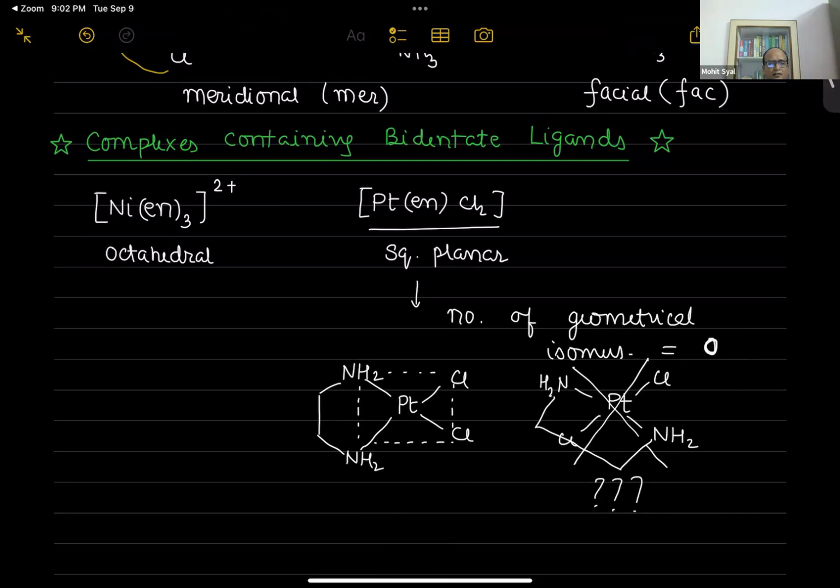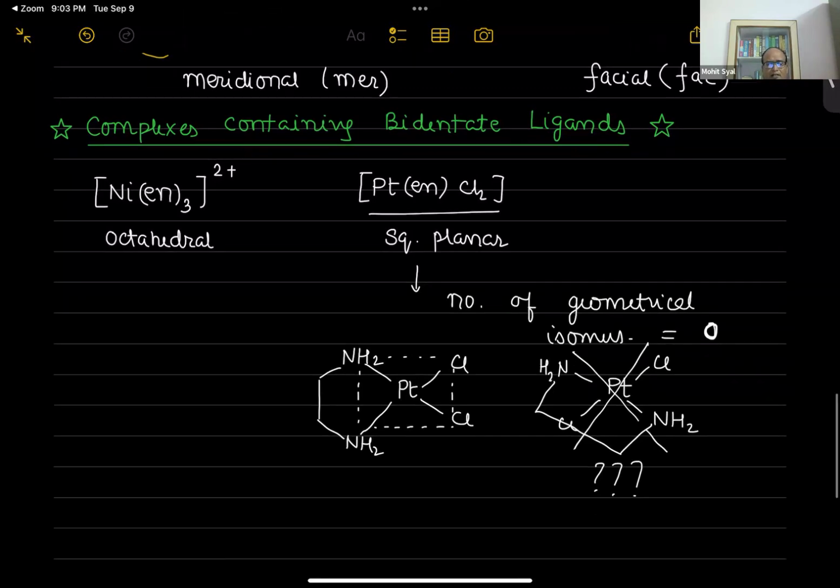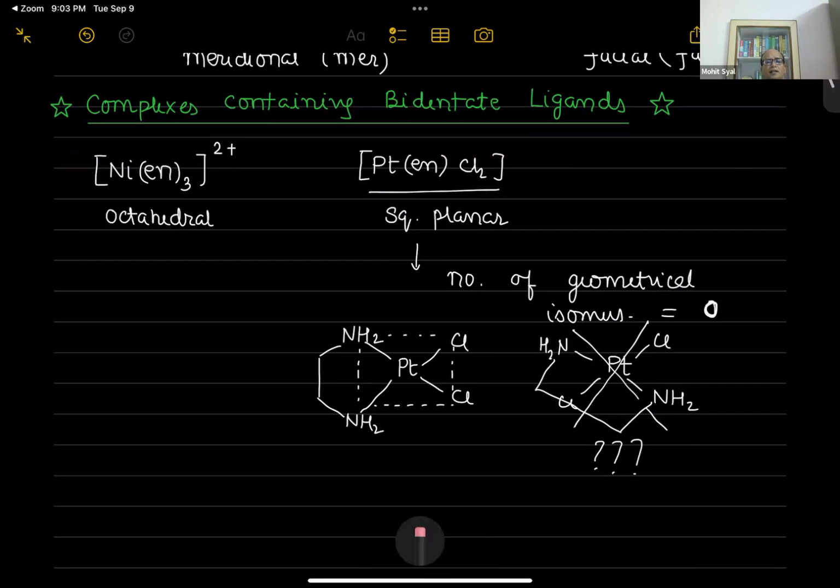So just try to understand that if you have a bidentate ligand, never connect the two ends of the bidentate ligand in a trans manner. Is it clear? Marwa, is it clear or not? Aisha, Jaslin, is it clear?